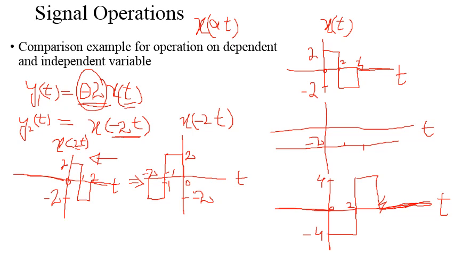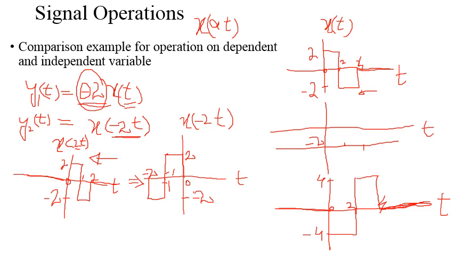Like I scaled it, so you see originally it is here, but now after the scaling by a factor of 2, this is compressed, and you see the signal moves in this direction, right? Again for reflection, the original signal was here, now it is moved this way.